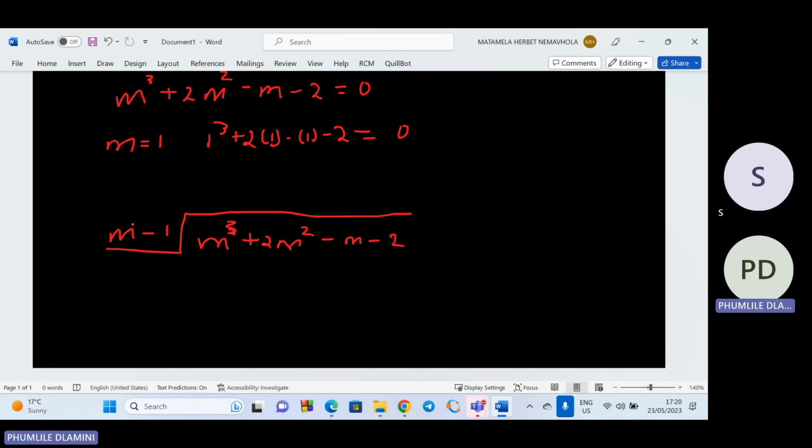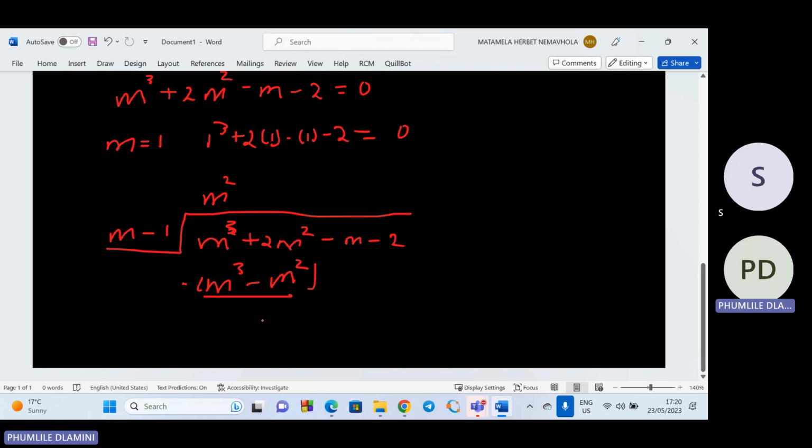So m cubed divided by m is going to be m squared. M squared multiplied back by m is m cubed. M squared times negative 1 is minus m squared. You multiply by negative, so that is going to be 0 when you add those two.